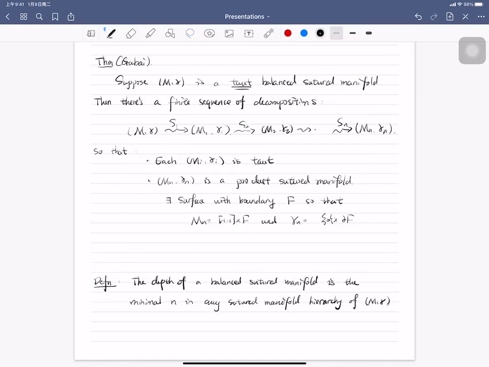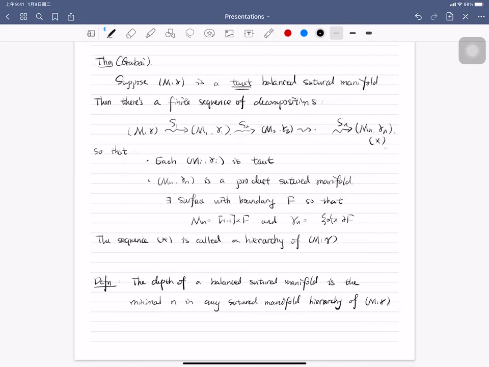This sequence, star, is called a hierarchy of the original balanced suture manifold.